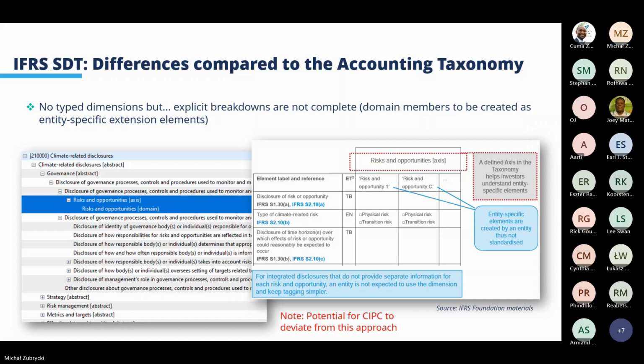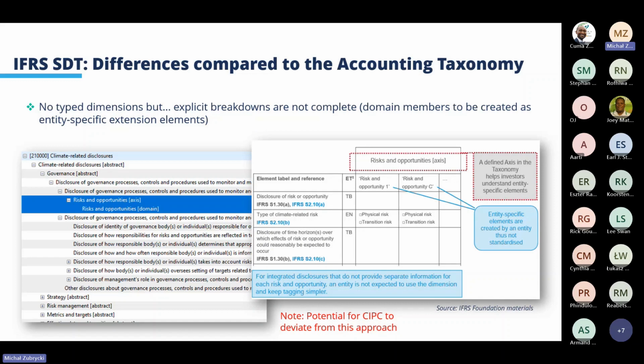So in the SDT taxonomy, the proposed taxonomy that was published in July this year, there was a decision that there are no type dimensions to be included in the taxonomy, to ensure consistency on the architectural level with the accounting taxonomy. And instead, a slightly different approach would be taken, which is to apply the explicit dimension, but with breakdowns that are not complete, meaning the domain members shall be created as entity-specific extension elements.